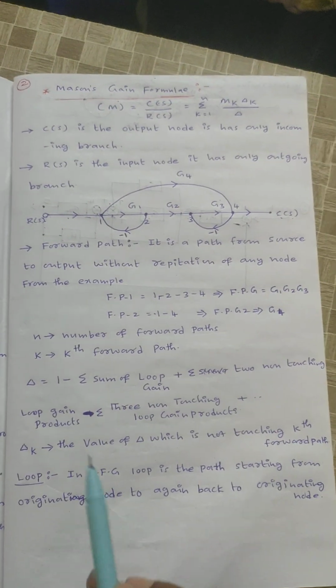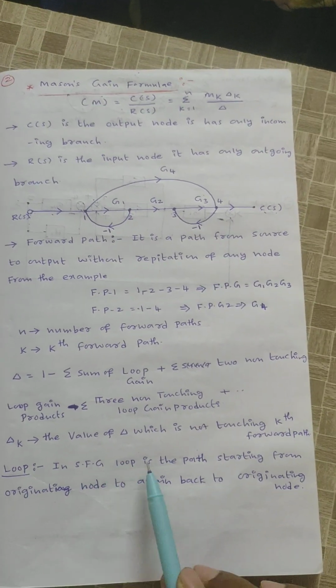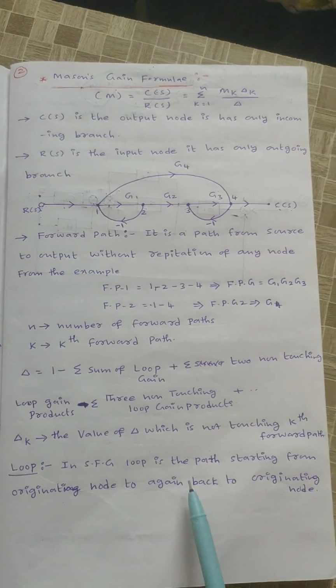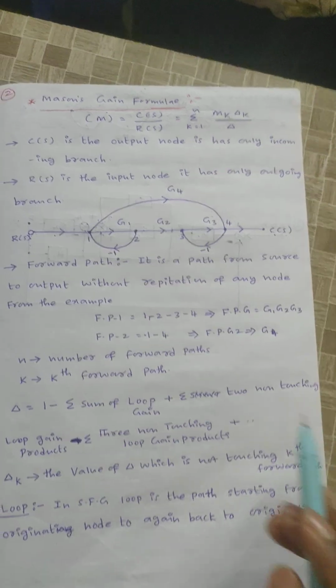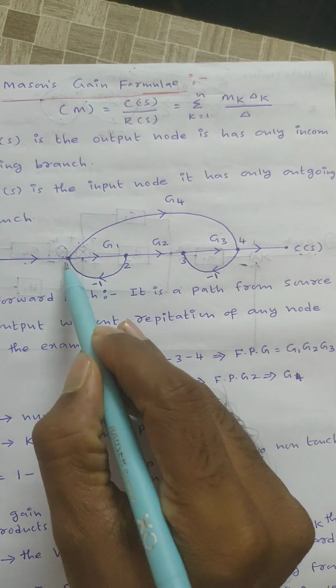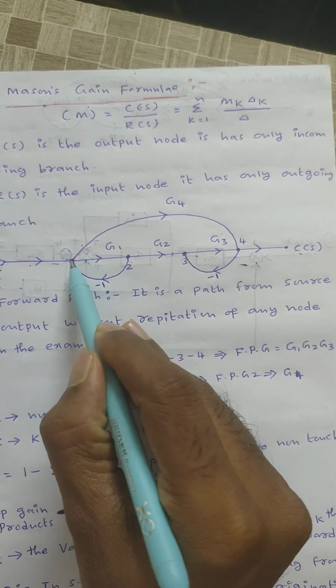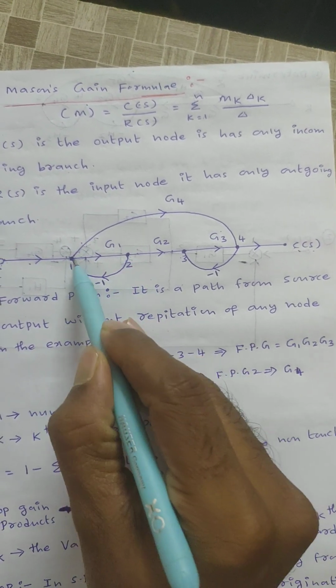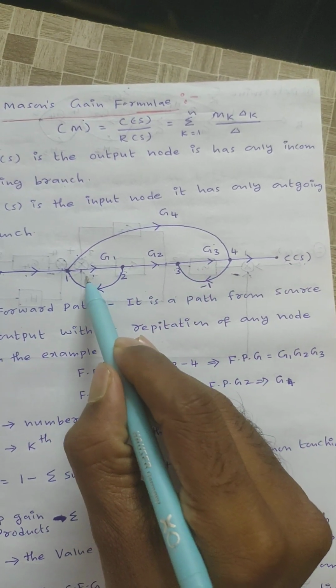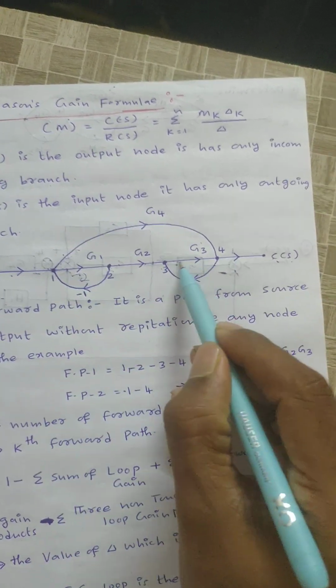Next, loop. A loop in a signal flow graph is a path starting from the originating node and coming back to the originating node. See here, this is one loop, G1 into minus 1. This loop starts from one node and ends at the same node, so it is a loop. This signal flow graph has loop 1 and loop 2.